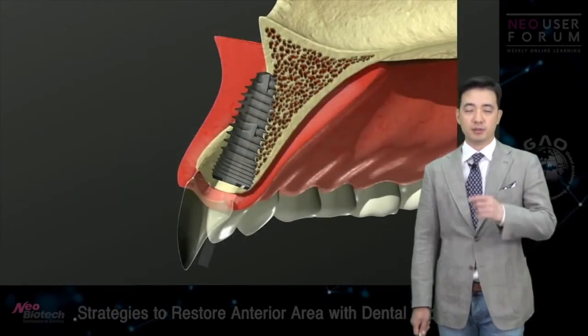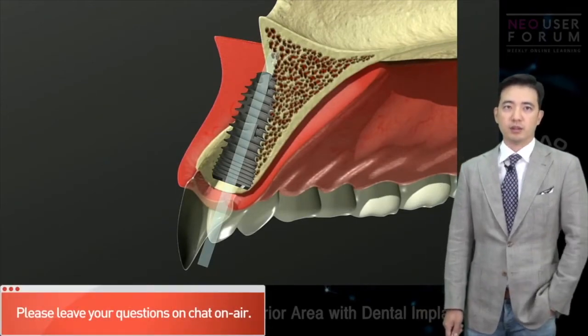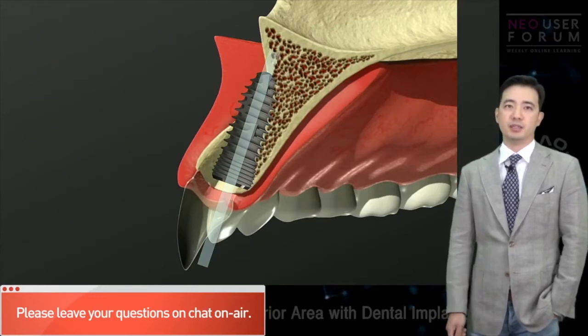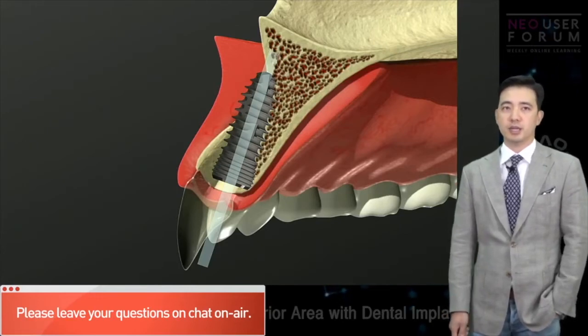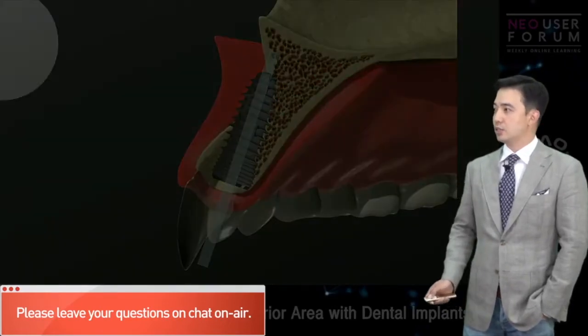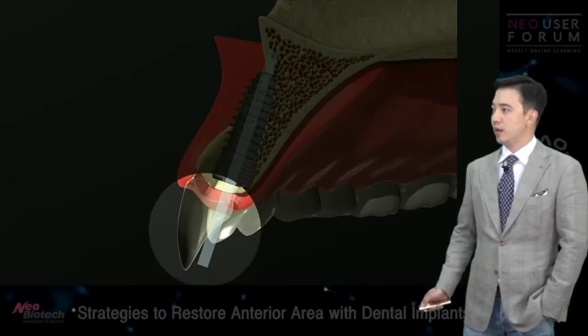So for example, let's take the positioning of an implant for the maxillary central incisors in this condition. As I just talked about, we want our screw hole to come out of the cingulum.